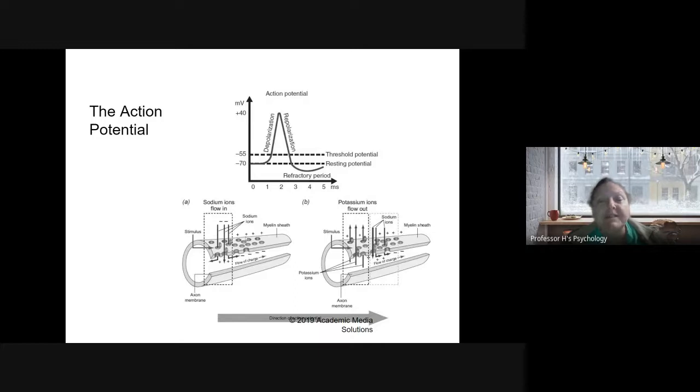Because remember, that voltage gated sodium pump opens up and pumps all that sodium in, which are all those positive ions, dumping into the cell during this period, bringing the voltage all the way up to positive 40.